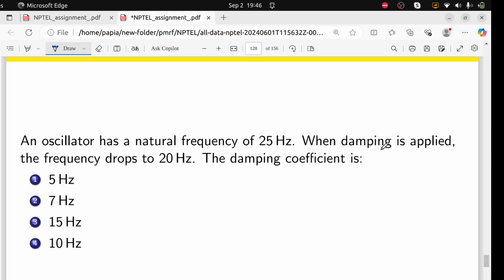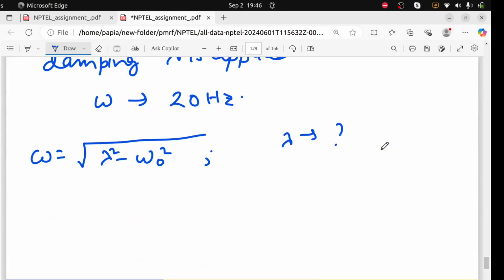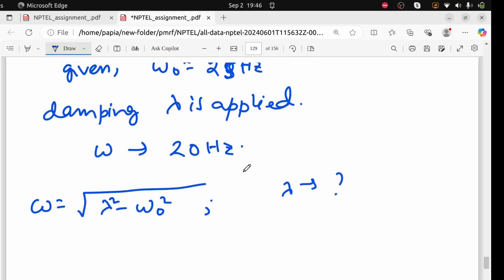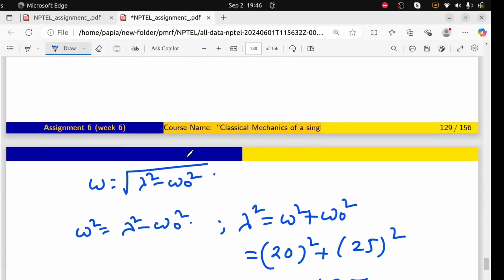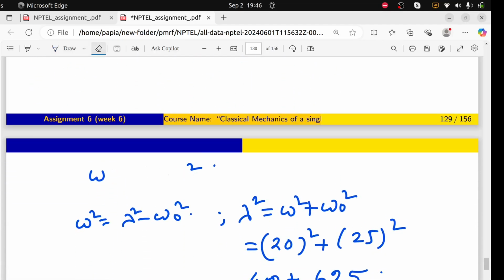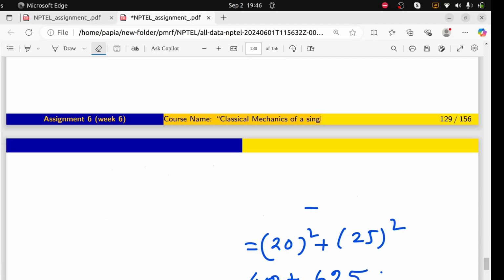No, actually it should be like, let me do one thing. Yeah, so the damping is getting lower, right? So that means it should be omega 0 square minus lambda square, because it is not an overdamped case, it is an underdamped case, right?